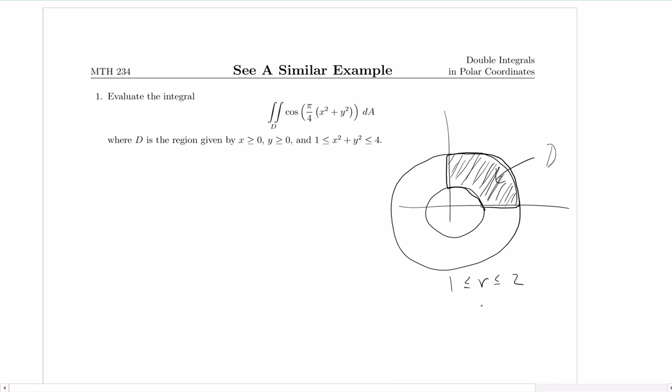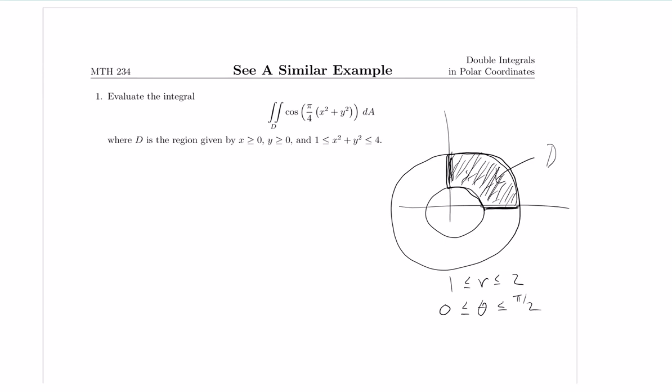And theta, since it's in the first quadrant, here to the right is theta equals 0. And straight up on the y-axis is theta equals pi over 2. And of course the first quadrant is everything in between. So these are the inequalities that describe the region D in polar coordinates.